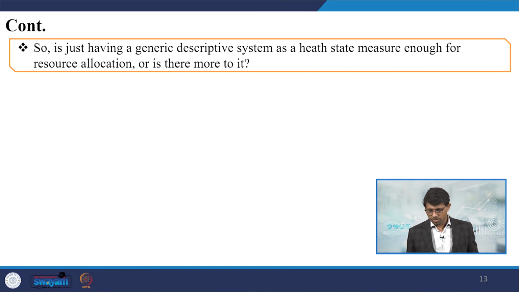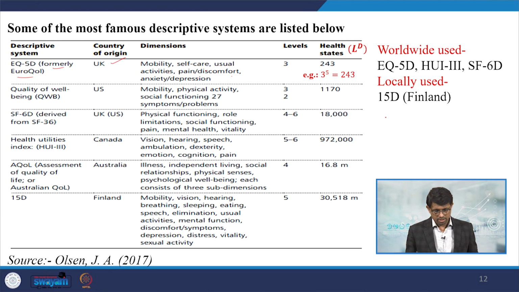So, this is what is referred to. Take mobility, for example: it has 3 levels, first level, second level and third level. Similarly, when we say self care, in the question you will find first, second and third level. Maybe the first and second are the extreme choices, not happy, happy, or maybe the neutral.